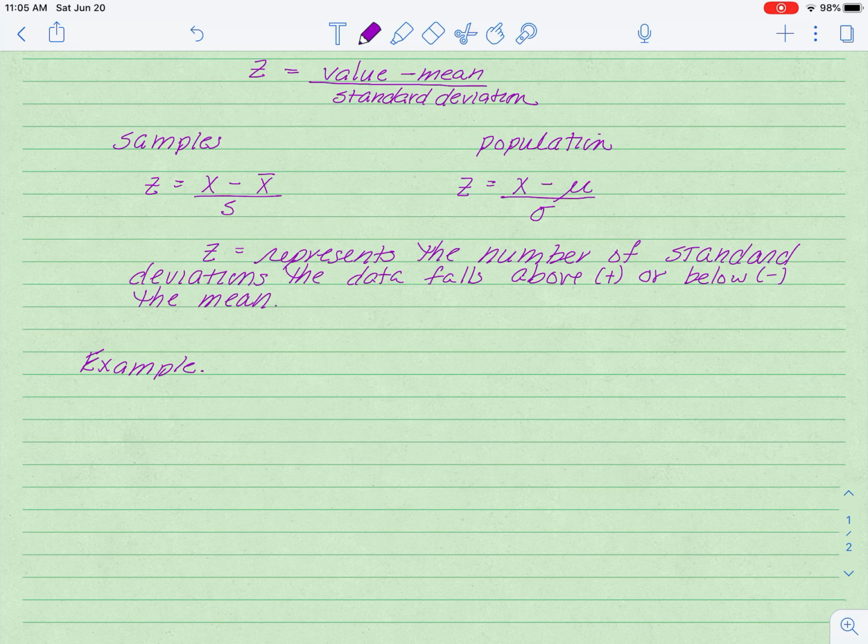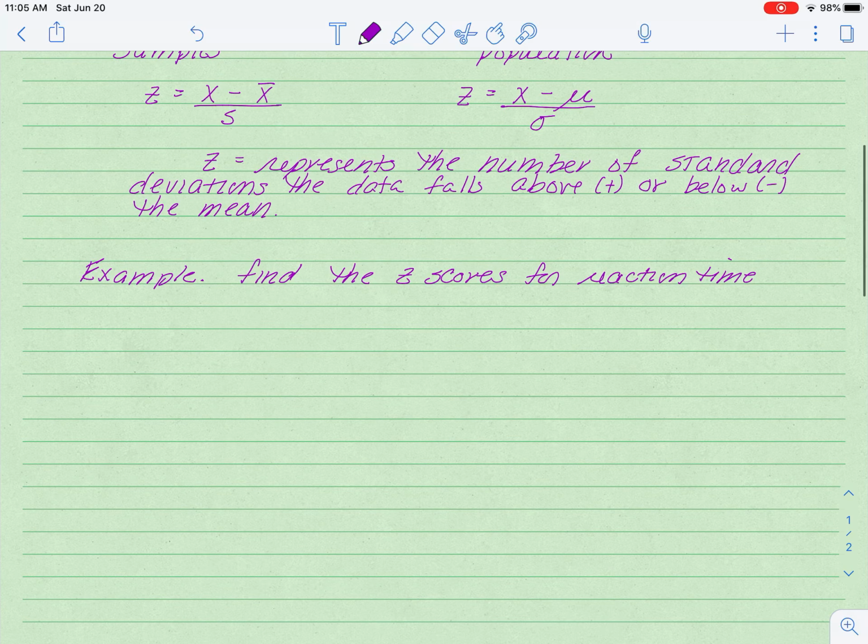The example we want to do is find the z-scores for a reaction time. So we're going to get some data and find the z-scores of that data.